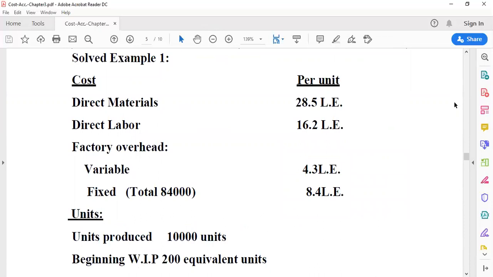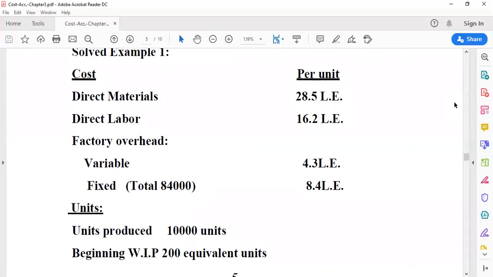Actually, here I have direct material 28.5, direct labor 16.2, and factory overhead, which has a variable and a fixed one. So when I calculate the beginning work in process and ending work in process, I don't need this fixed amount, because we are now under the direct costing theory and we need to separate this amount from our calculations.